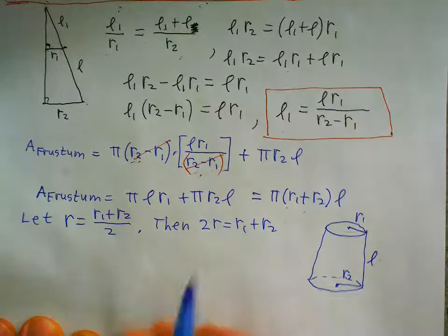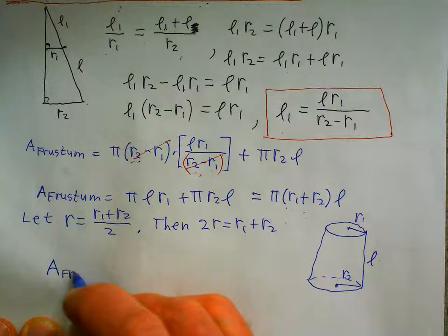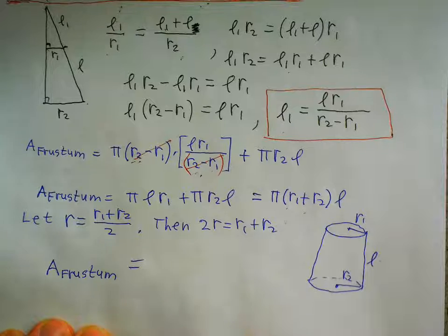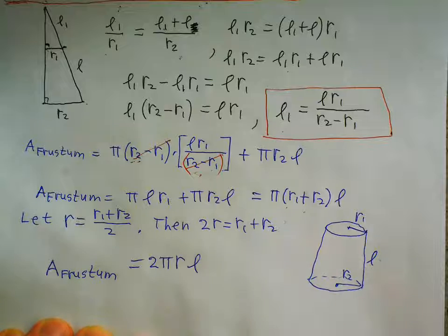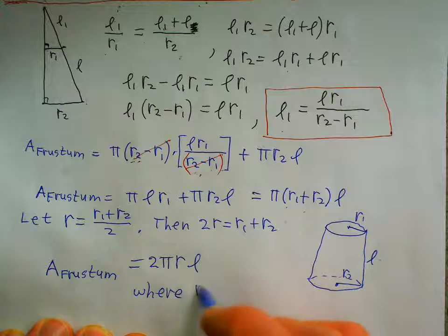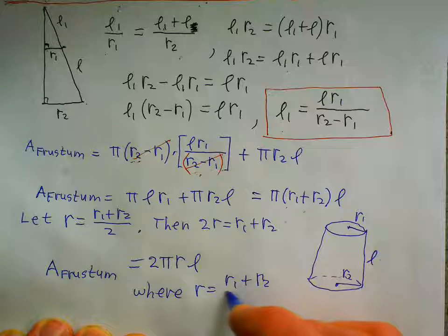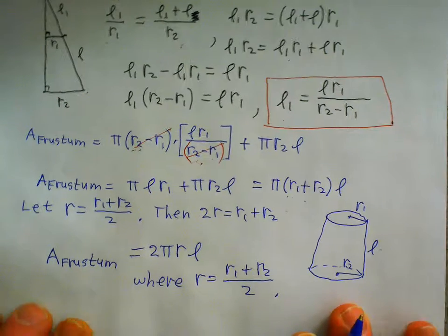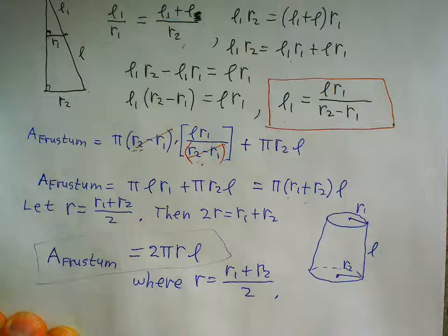And then our formula for the lateral surface area of a frustum can be written as 2 times pi times R times L. And we want to remember that R is just the average of the two radii, r sub 1 plus r sub 2 divided by 2. This is a pretty nice formula for the lateral surface area of a frustum.